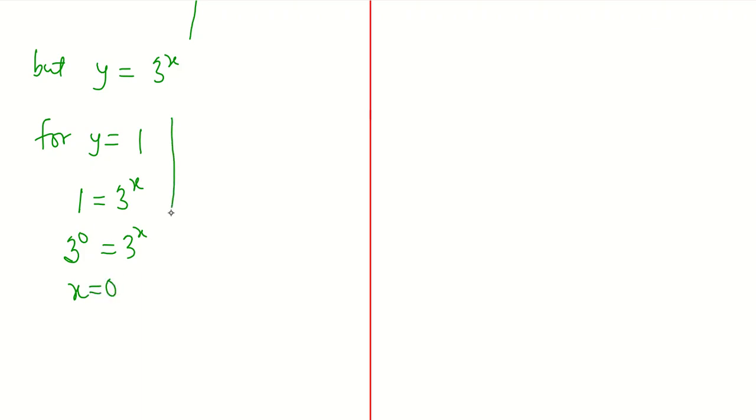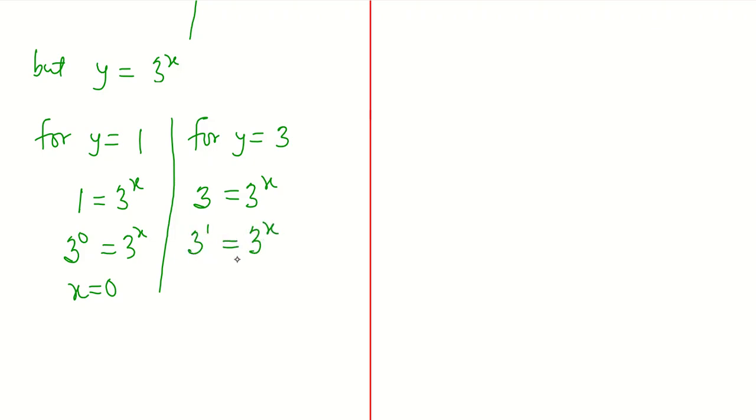Now for y equal to 3, we put the value of y, that is 3, here. So 3 is equal to 3 exponent x. We know 3 has an exponent of 1, and we compare to 3 exponent x.